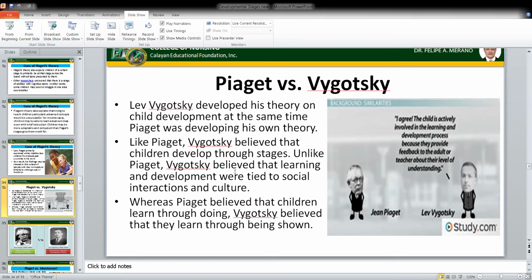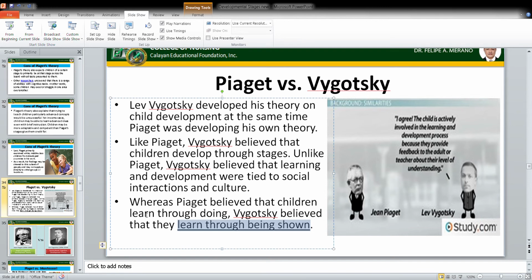Whereas Piaget believed that children learn through doing, Vygotsky believed that they learn through being shown. Okay? So this is the contradiction between Piaget and Vygotsky. In Piaget's, it is learning through doing, while in Vygotsky it is learning through being shown.